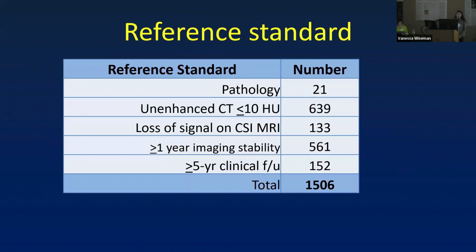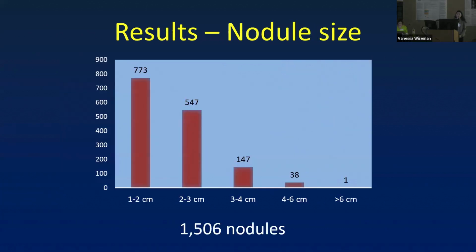And here are the different reference standards. The most common were unenhanced CT and imaging stability. This chart shows the distribution of the 1,506 nodules by size, approximately half for 1 to 2 centimeters, a relatively small sample size, 3 to 4 centimeters, and an even smaller sample size, greater than 4 centimeters.